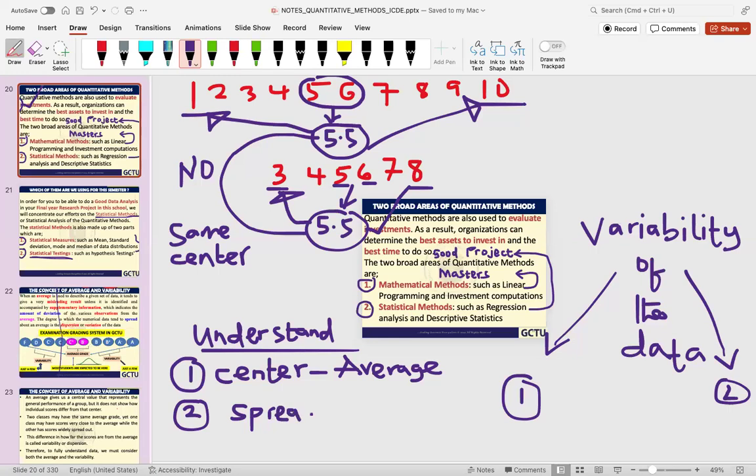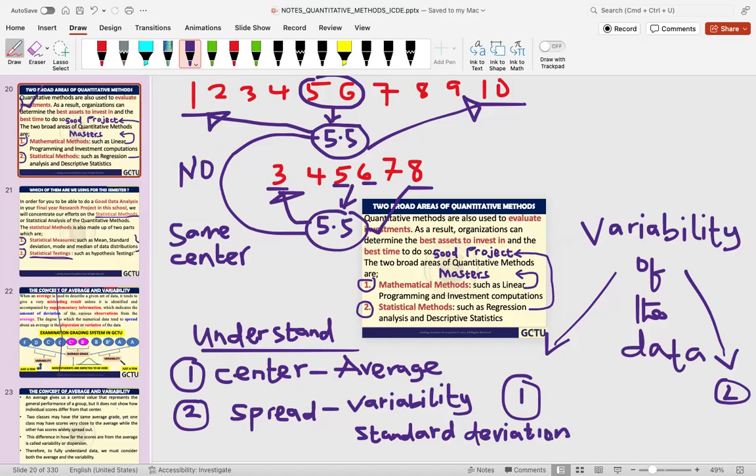You are finding the spread in the center, and the spread is what we call the variability. An example of the variability is the standard deviation. That means you are moving away from the average, from the center to the left or to the right.